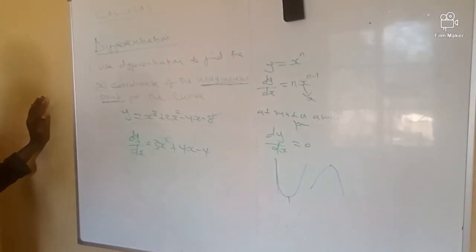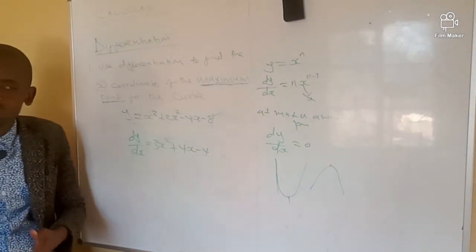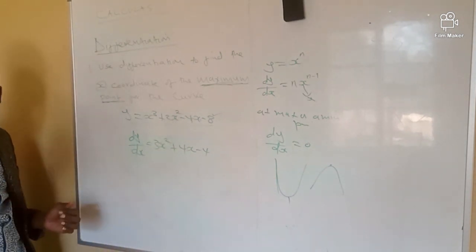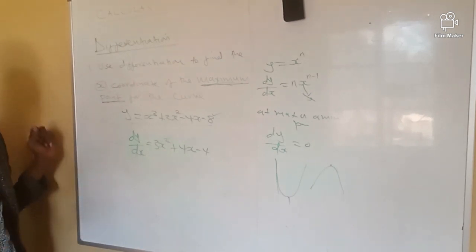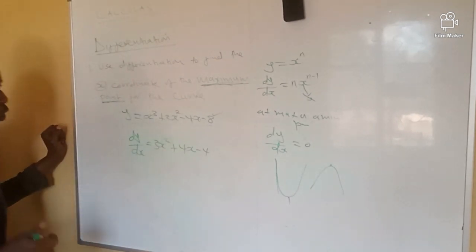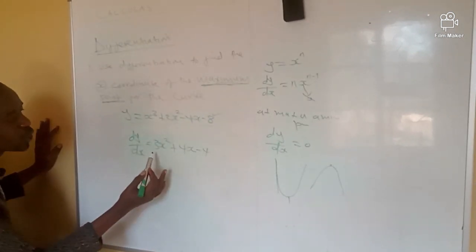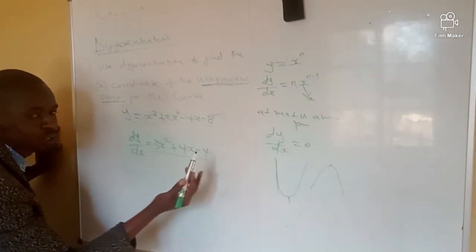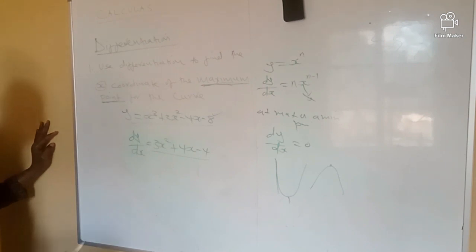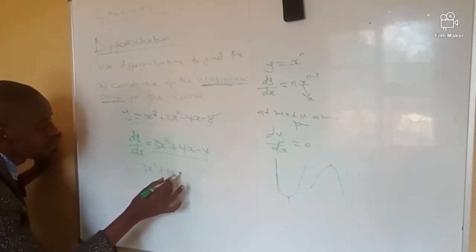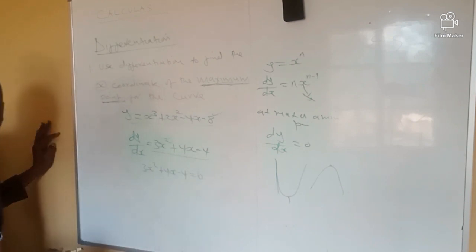So, class, you can take note somewhere else that at a maximum point or a minimum point, dy over dx is equal to 0. So since we want to get the maximum point, we are going to equate this gradient function with 0. So we have 3x squared plus 4x minus 4 is equal to 0.